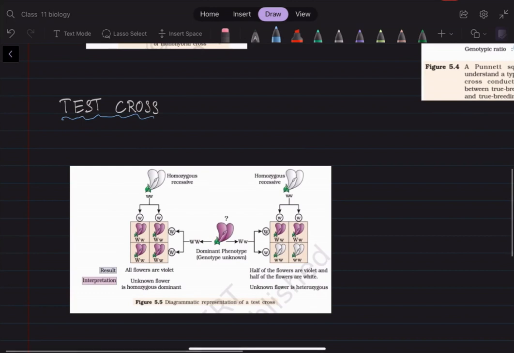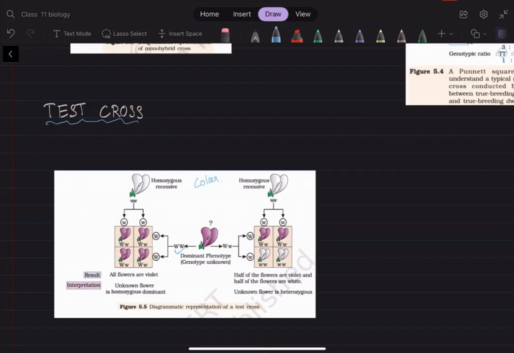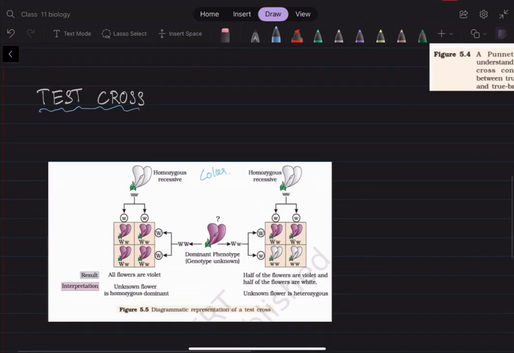Here they have taken the color instead of the height. So the color can either be violet or white, and violet is the dominant trait. In this case, the plant can either be homozygous or heterozygous, right?